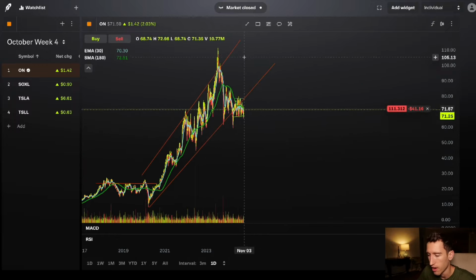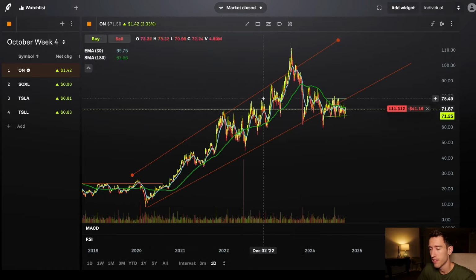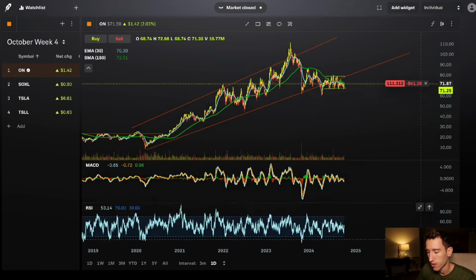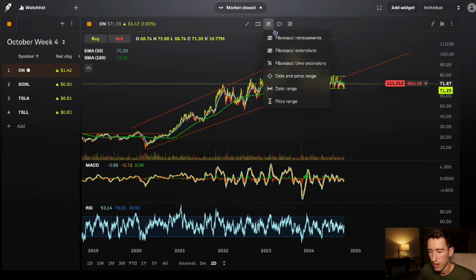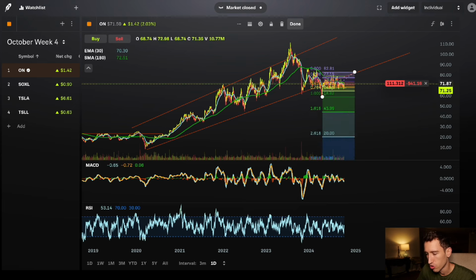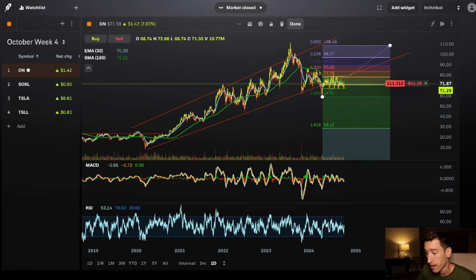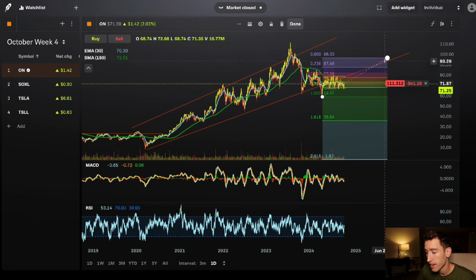Now, when it comes to using the EMA, there's a lot more to it than simply support and resistance, and sometimes there are different settings that you want to use. That's why you use other indicators as well, like MACD. MACD is a great indicator. And we also use the RSI, which is really handy as well. And of course, there are other indicators you can use, like a Fibonacci retracement, that will help you identify when you might want to find an entry point.